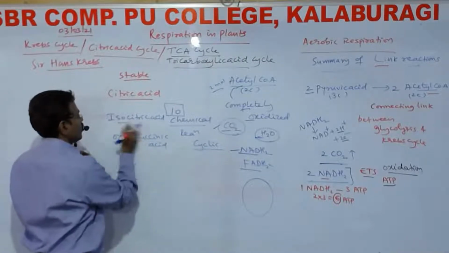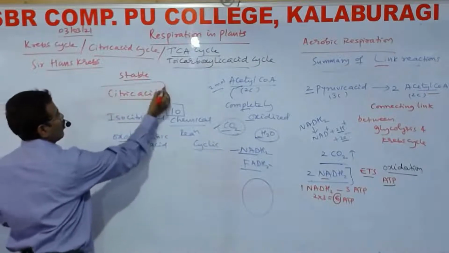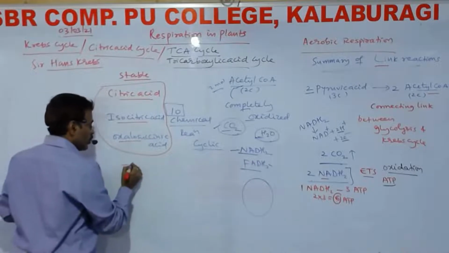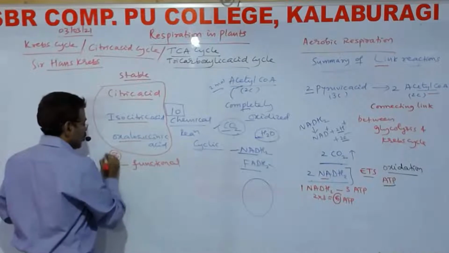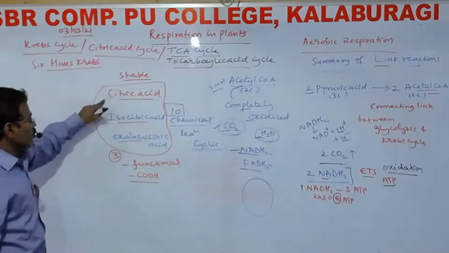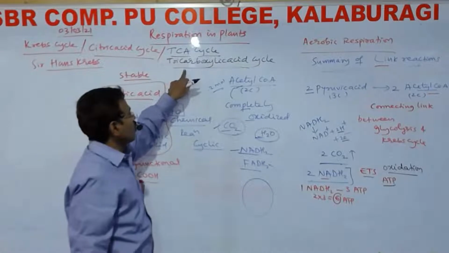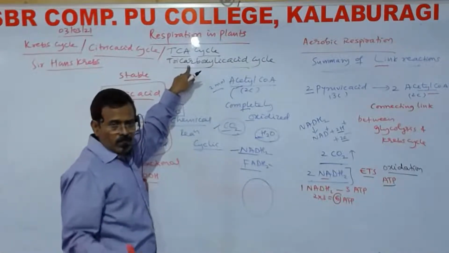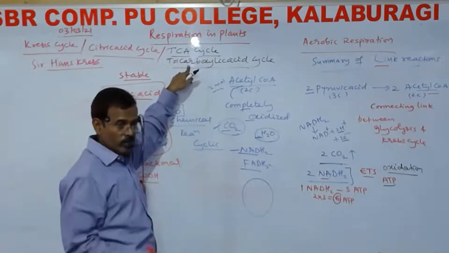Citric acid, oxalosuccinic acid and isocitric acid are organic acids having three functional carboxyl groups in them. That's why it is called the tricarboxylic acid cycle. Because of this important contribution, Hans Krebs won the Nobel Prize.